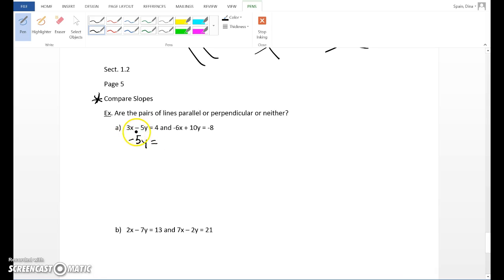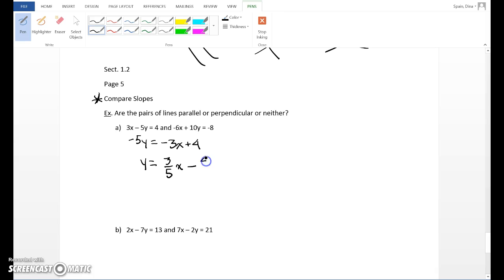Alright, this first equation, 3x minus 5y equals 4. Let's solve this for y. So I'm putting 3x on the other side with the 4. I'll deal with this other one in a minute. Solving this first equation for y, because I'm trying to figure out what the slope is. If I divide through by -5, I will have -3 over -5, which is a positive 3/5.